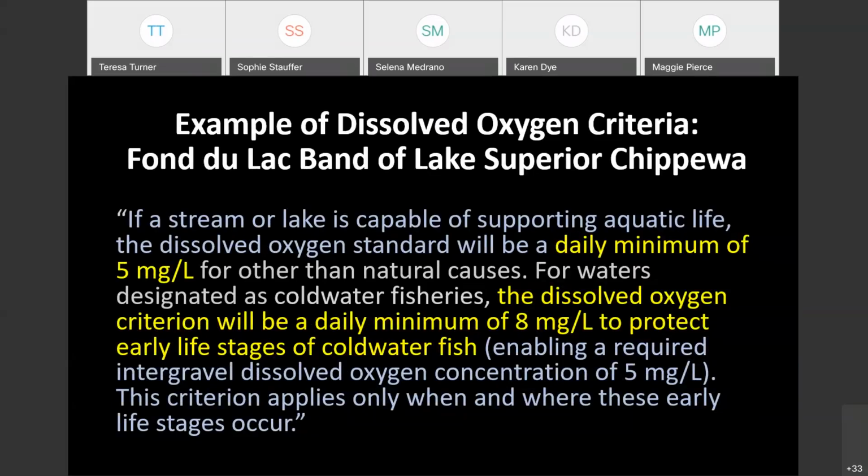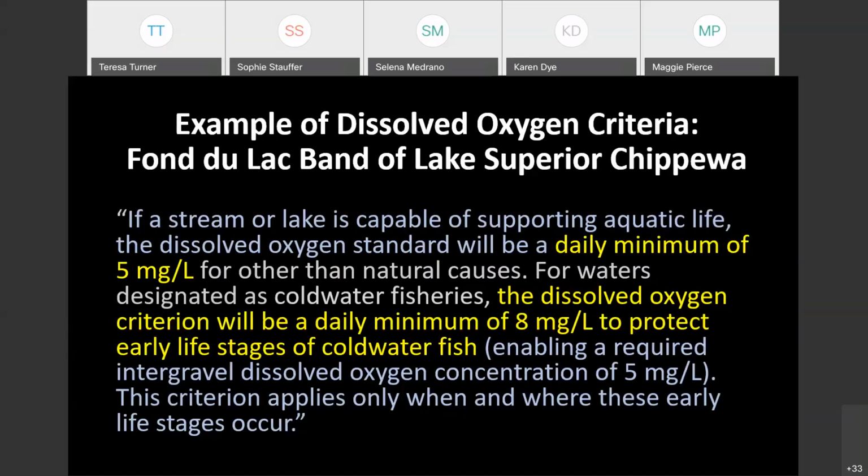But I think there are a couple things to note from this slide. One of them is that the Fond du Lac have established two different types of dissolved oxygen criteria. They have a daily minimum of 5 milligrams per liter for all their waters on their reservation. And then they have another daily minimum of 8 milligrams per liter to protect early life stages of cold water fish.